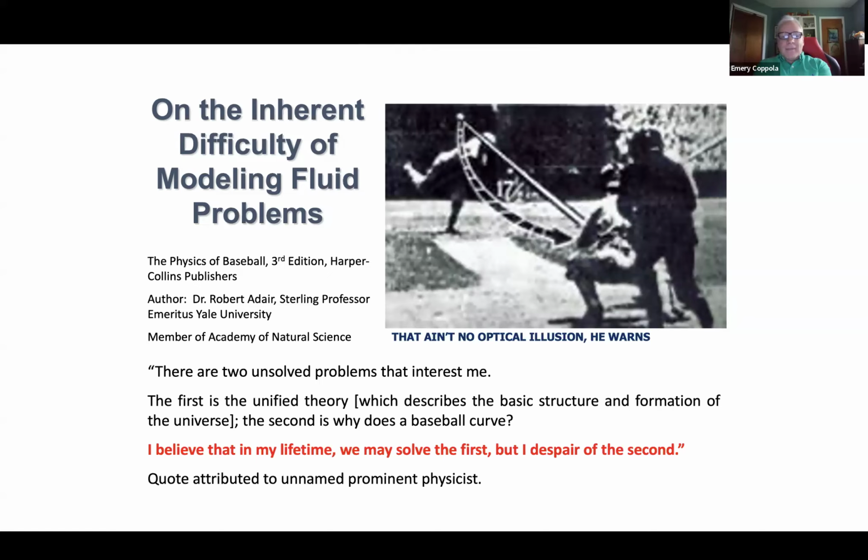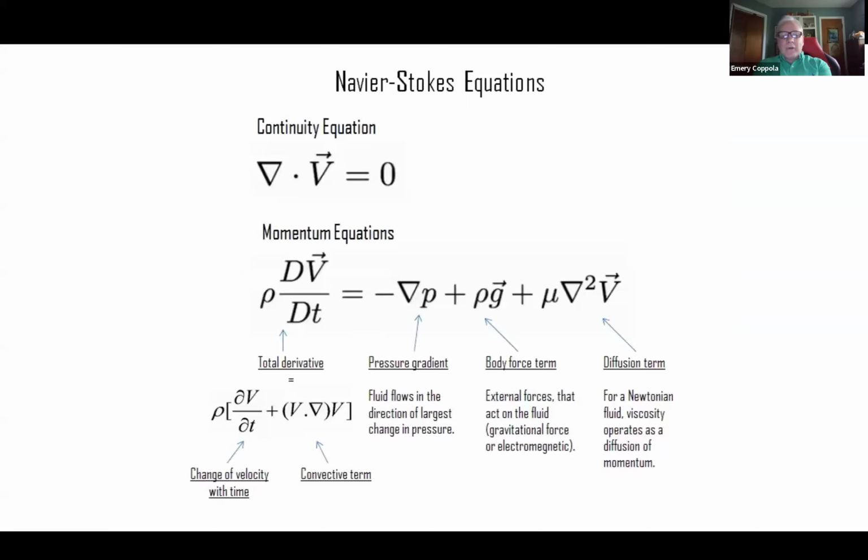Next slide. So why is fluid so complex? Well, we do have the Navier-Stokes equations, which are the foundational theory for how we model fluid, for example, climate, ocean currents, groundwater flow, the flow of blood in your blood vessels. The Navier-Stokes equations consist of two equations. One is known as the continuity equation, which basically says that you're not creating or destroying mass within a unit volume.